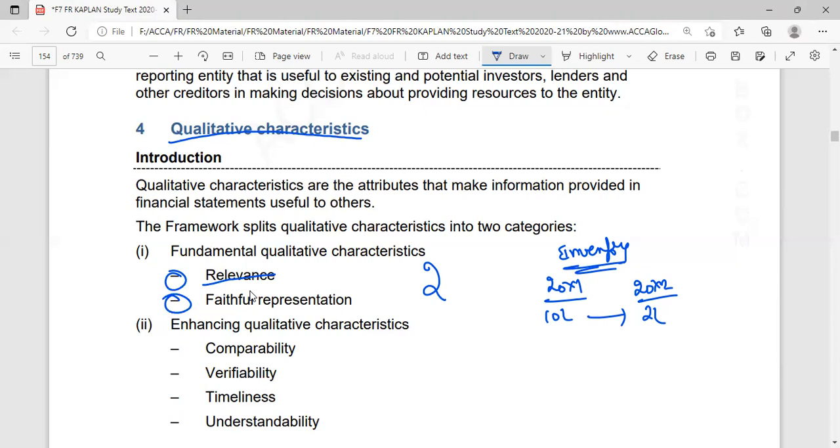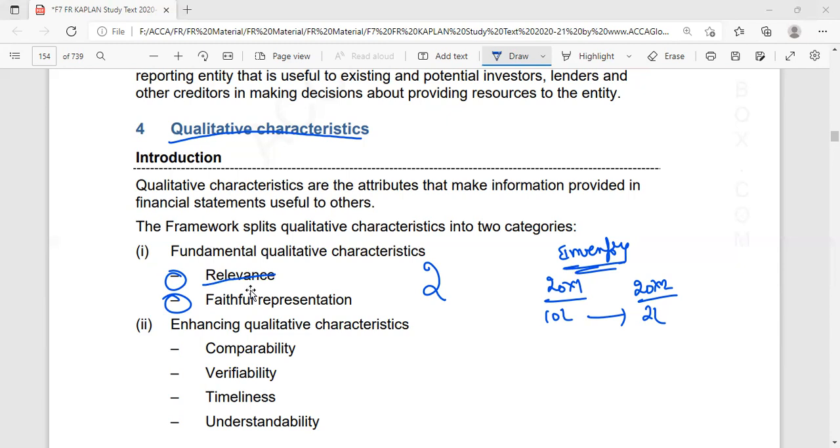Even though ownership is not with the buyer, the buyer has a right to recognize that item as an asset in his books of account, as he utilizes that asset for business purposes. So here the reality of the transaction has more priority than the legal formality. That indicates substance over form.